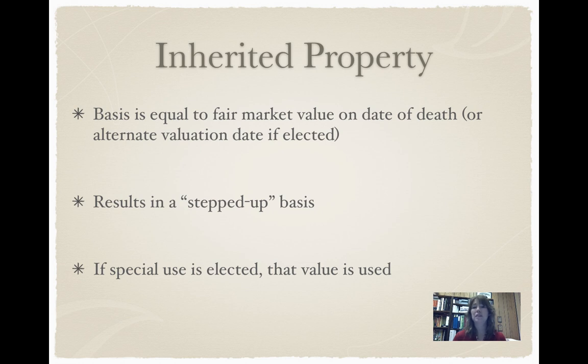The reason it's called a stepped-up basis, if you think about a grandmother who acquired her property in 1960 and paid $100 per acre for that property. If she was to give that property to someone or to sell that property, we'll say that grandma sells the property. At the time of the sale, her basis is $100 per acre, even if she sells it in 2013.